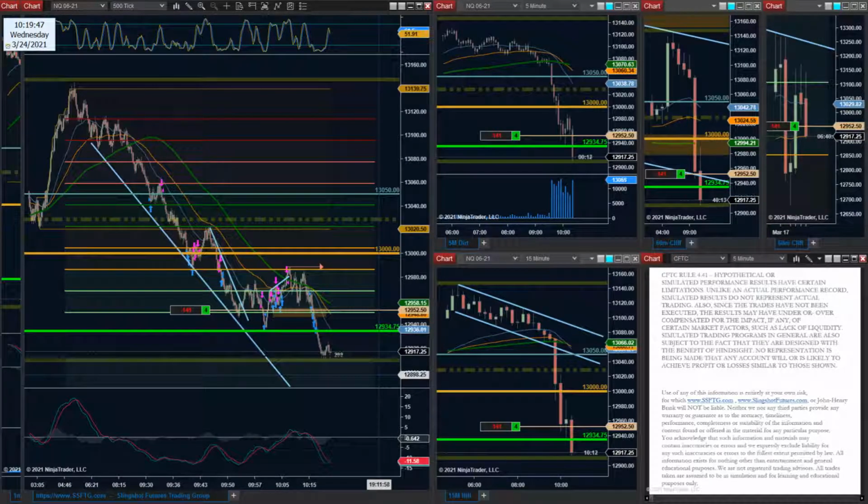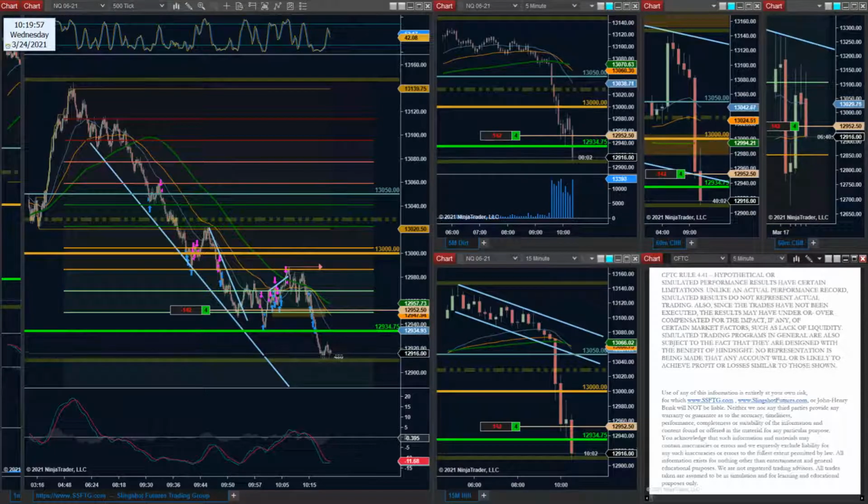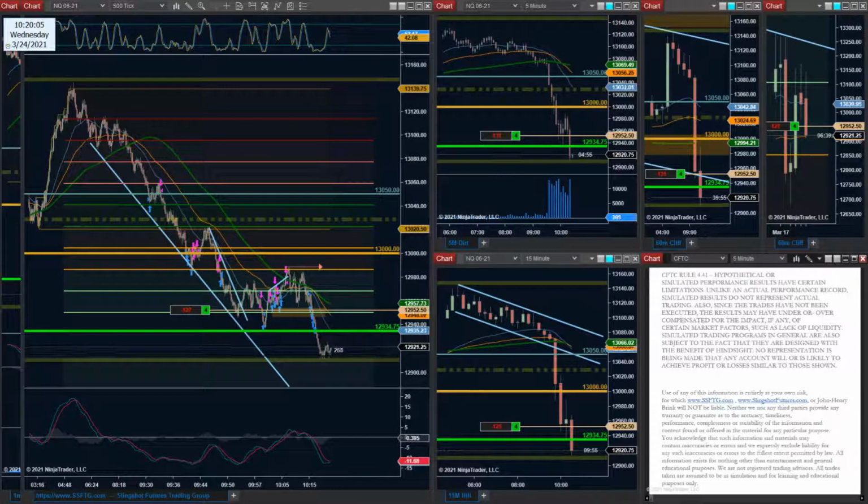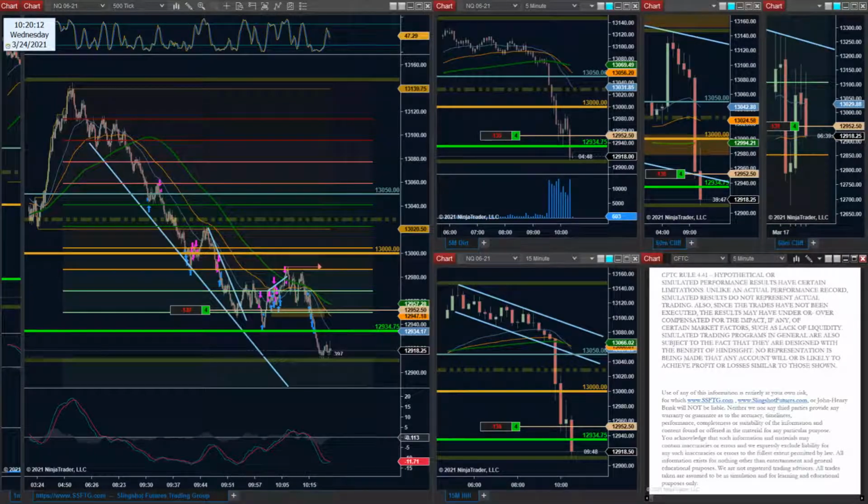It's not going to do anything but increase my risk. Sellers will be attempting to get a bit more continuation to the downside.